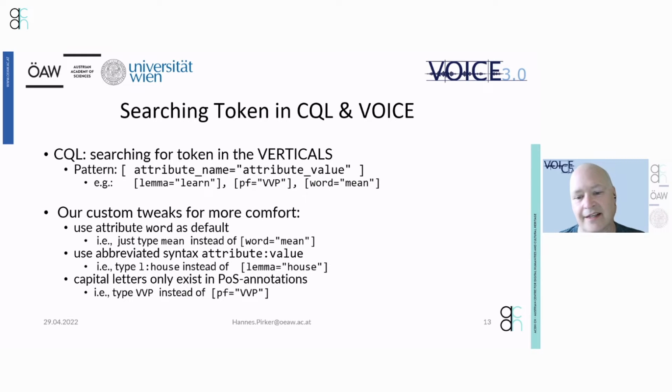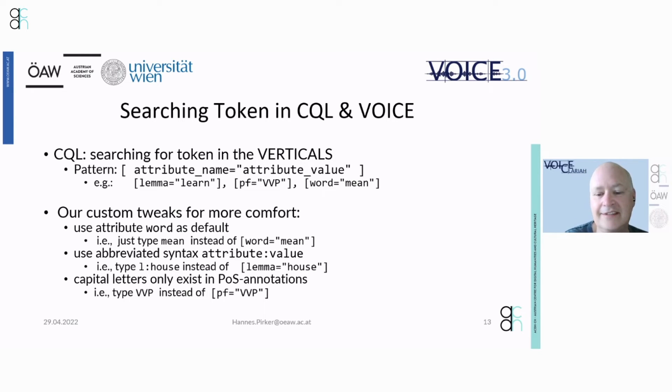This is automatically translated into the more complex original CQL. When we do not search for a word but for another attribute, we have an abbreviated syntax, just typing the attribute name with a colon followed by the value. So it's l colon house instead of square bracket lemma equals house, etc.